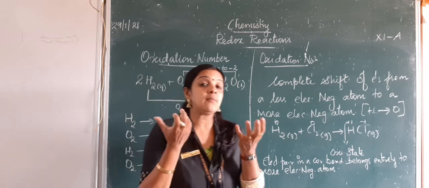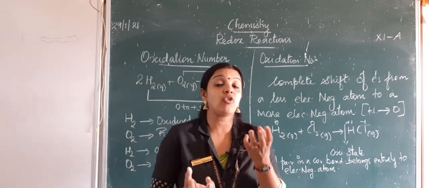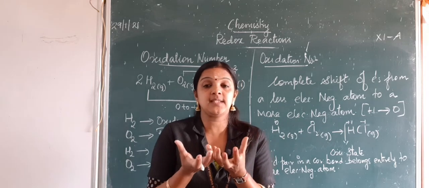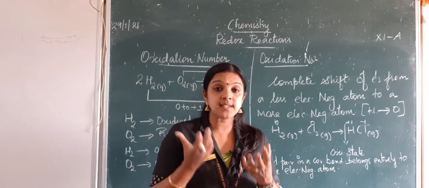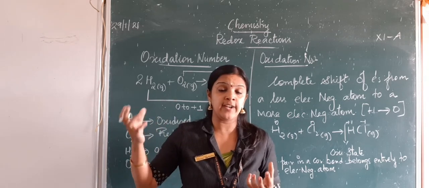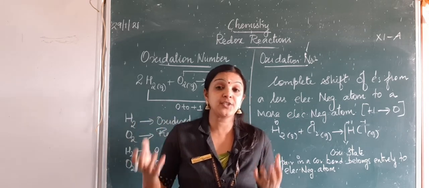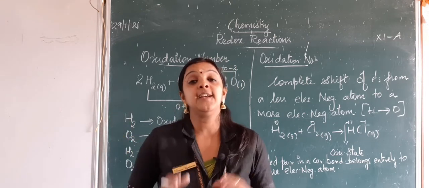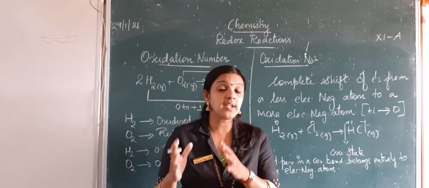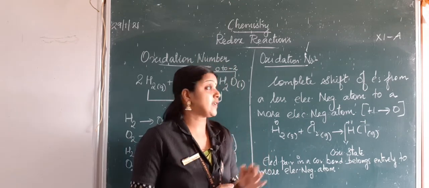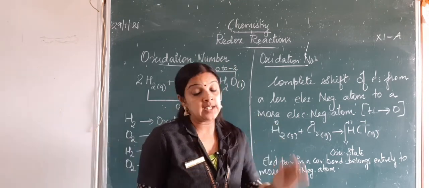If I have a compound like HCl or H2O, the electron pair between the atoms will be considered as entirely belonging to the more electronegative atom. So if it is H2O, oxygen will contain the entire electron pair. If it is HCl, chlorine will have the entire electron pair. So that is the definition for oxidation number.